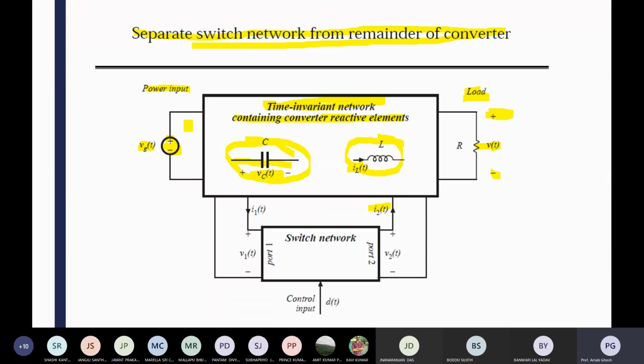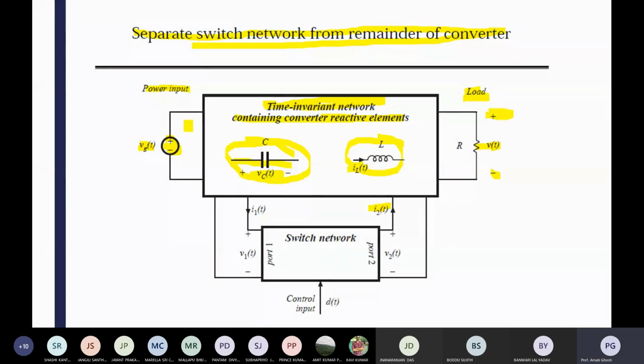Then you will get a control signal, and you can compare it with some repeating signal. Then PWM will be developed, that PWM will be fed to the driver circuit, and you can feed the output from the driver circuit to the switch of the switching converter. So that is the basic voltage mode control.